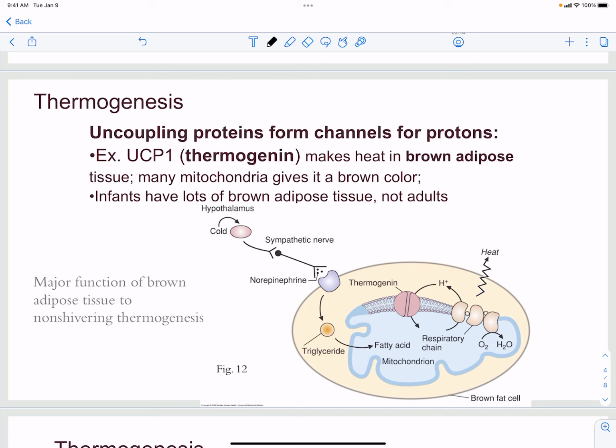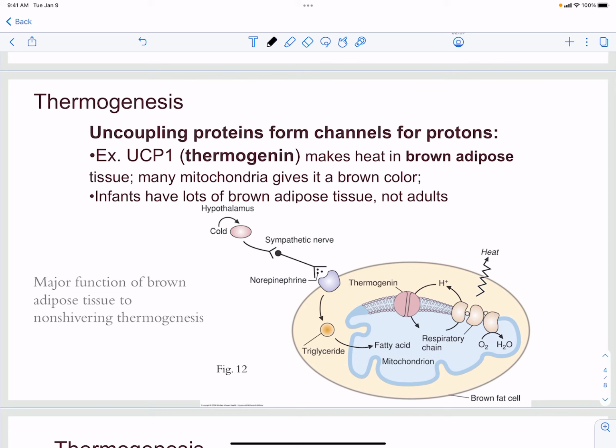And this is going to cause uncoupling of the electron transport chain in the mitochondria so it can give off heat. So the major function of this brown adipose tissue in infants is to provide non-shivering thermogenesis because babies are small and they need to maintain their body temperature.